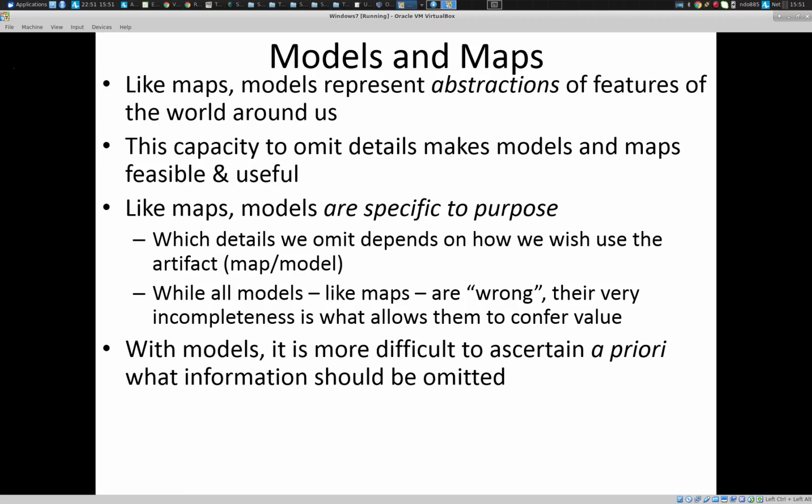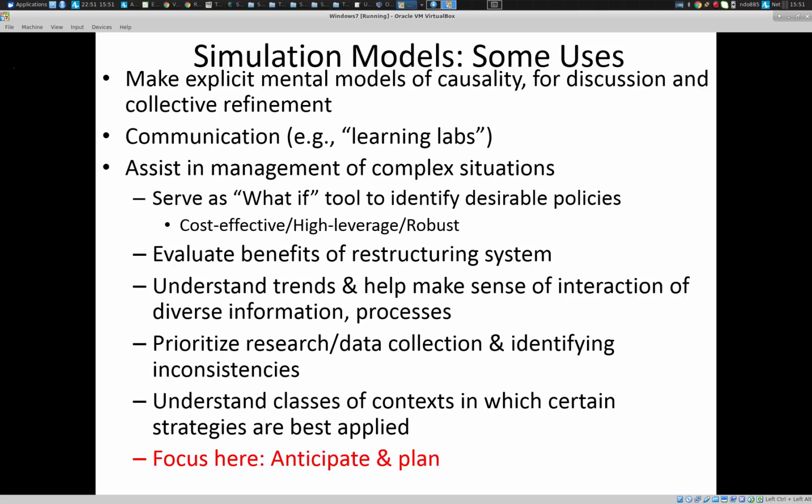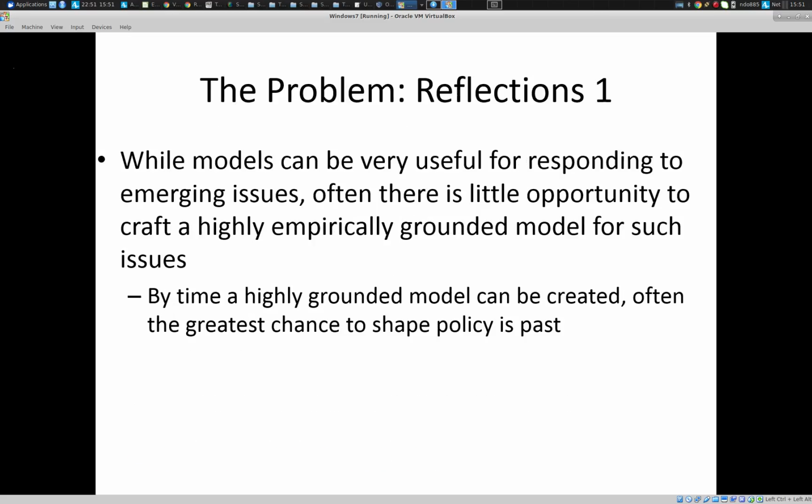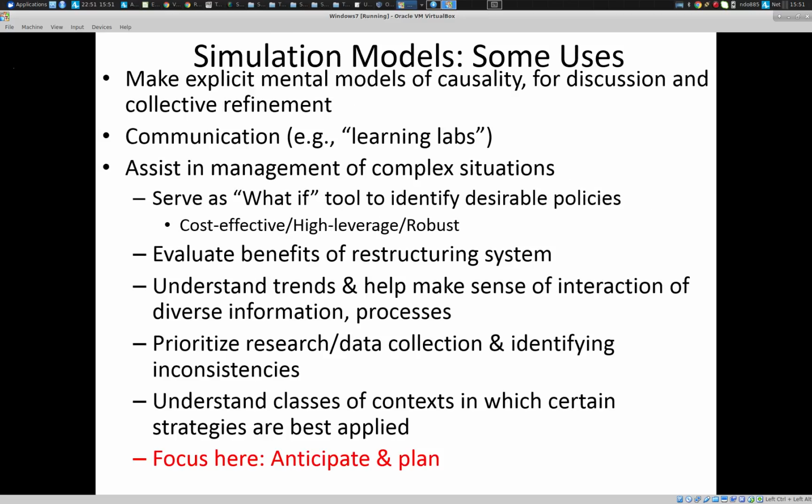And yet it's hard often ahead of time to know what features are essential to capture within models. Simulation models, as I noted, have many purposes. And one of the big purposes to which we put them is to anticipate and plan around trends.